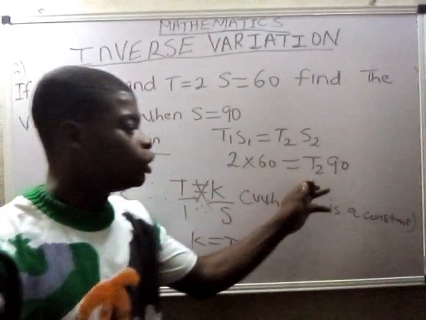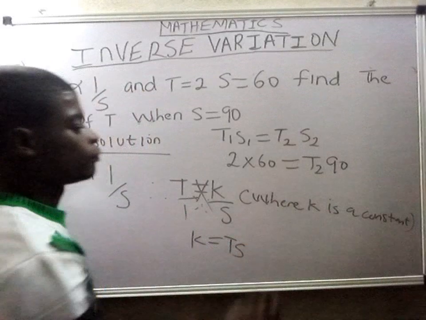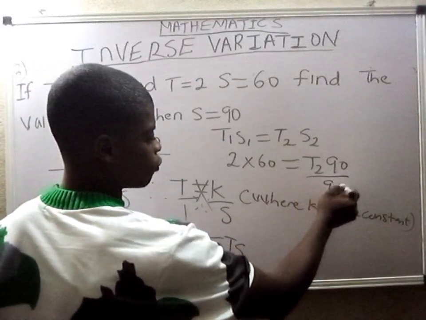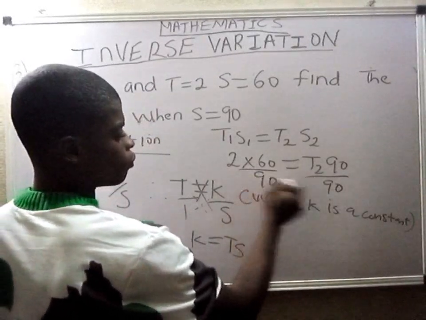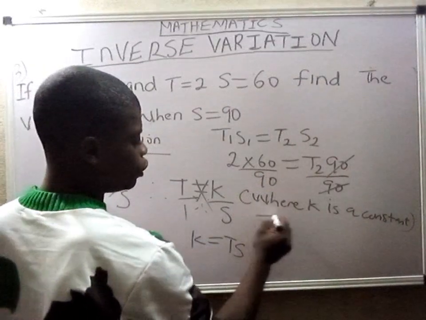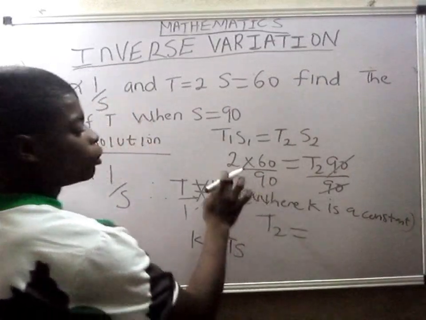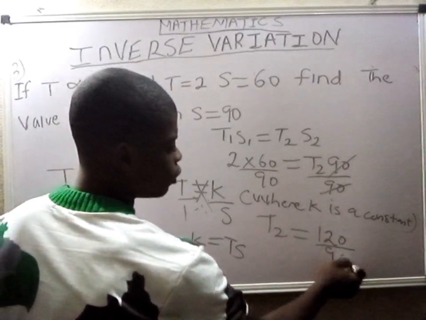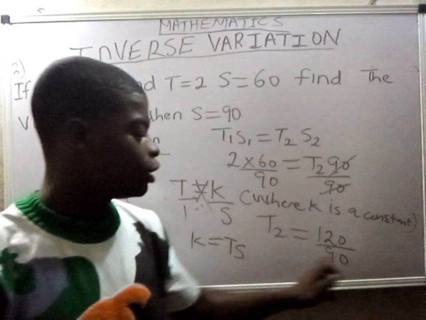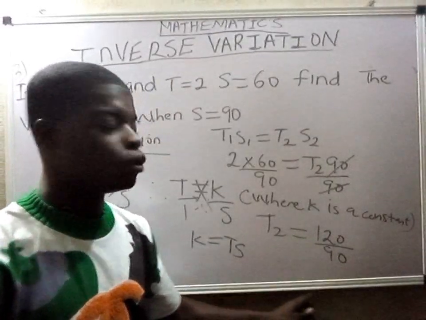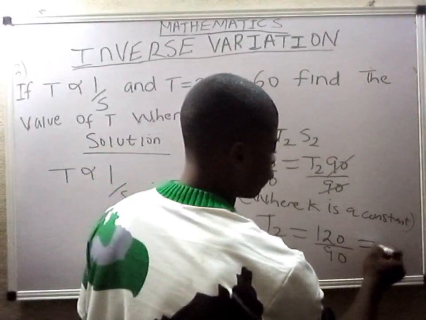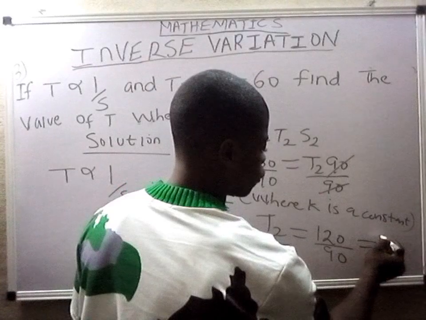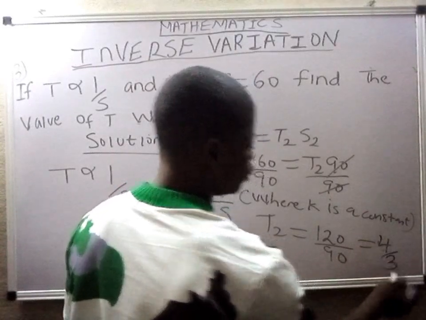So for us to get t2, we divide by 90. So your t2 equals 2 times 60, which is 120 over 90. So if you break this down into a fraction, our final answer will be 4 over 3.